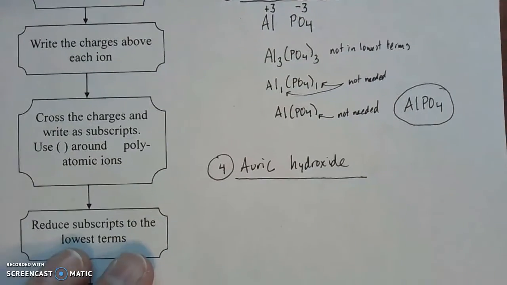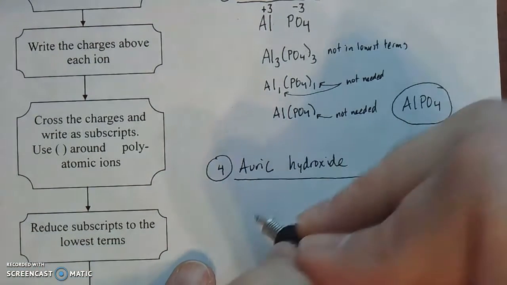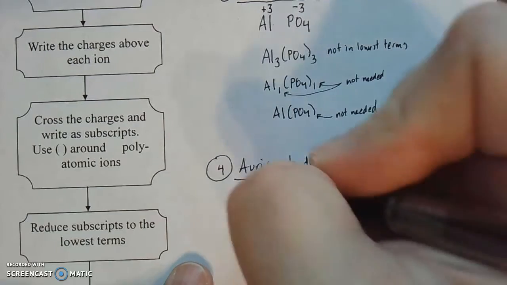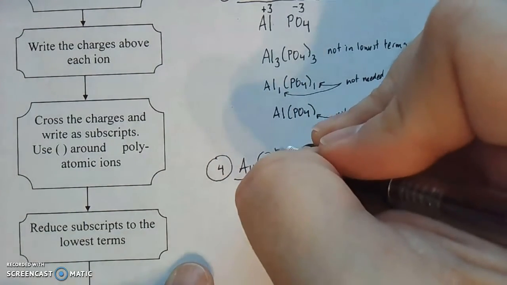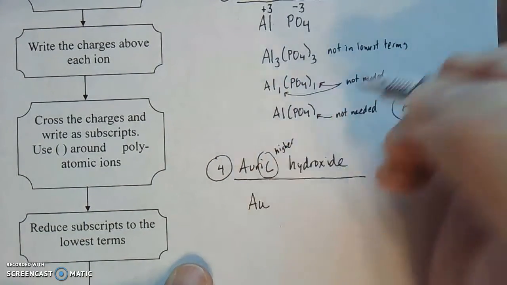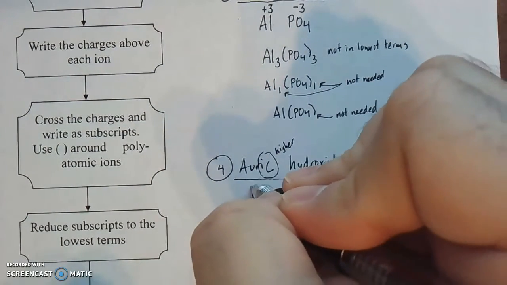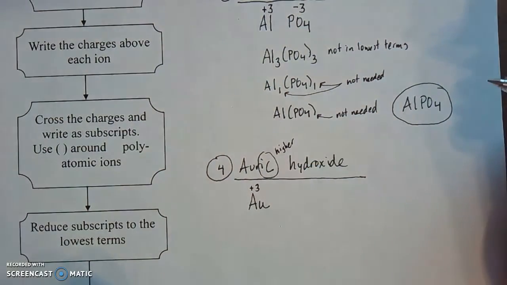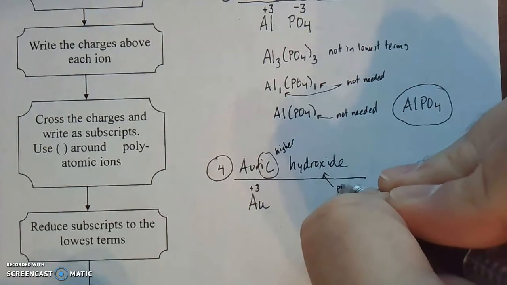Auric hydroxide. So, auric refers to gold, whose symbol is Au. But this one has an ic on the end. That tells us it is the higher of the two possible charges on gold, so that means that it is +3. Hydroxide is a polyatomic.